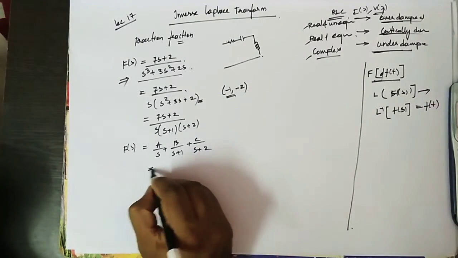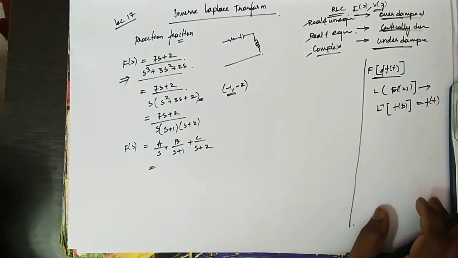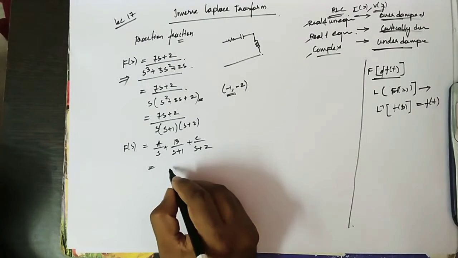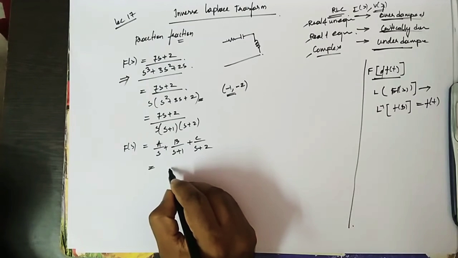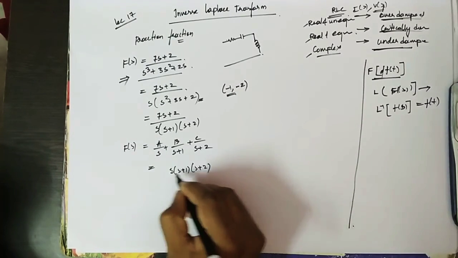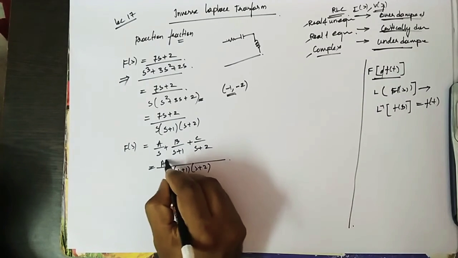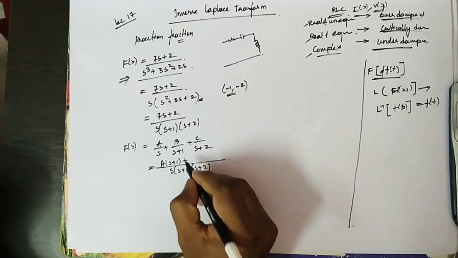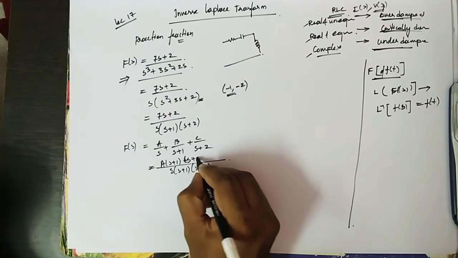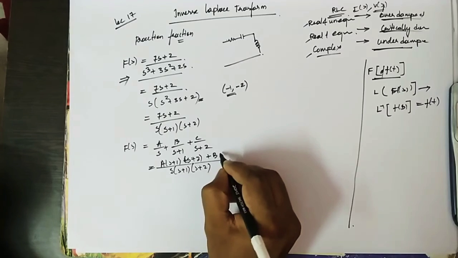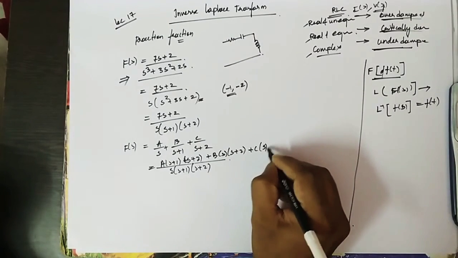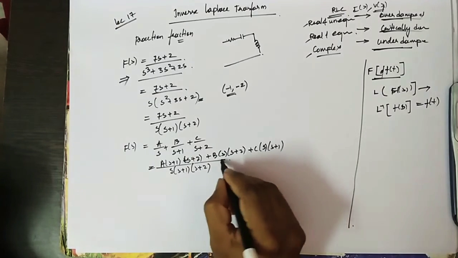Now take the LCM again, and you get A(s plus 1)(s plus 2) plus B s(s plus 2) plus C s(s plus 1).